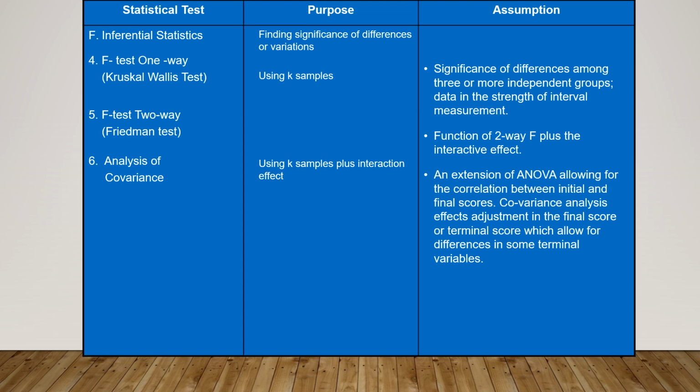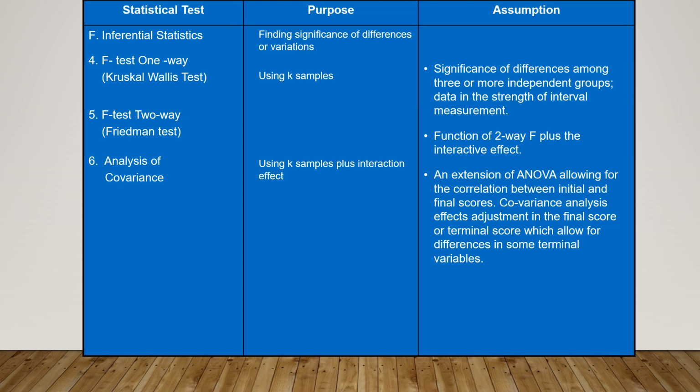The assumption: significance of differences among three or more independent groups, data in the strength of interval measurement. Then the fifth inferential statistic, we have the F-test two-way or the Friedman test. The assumption: the function of two-way F plus the interactive effect.